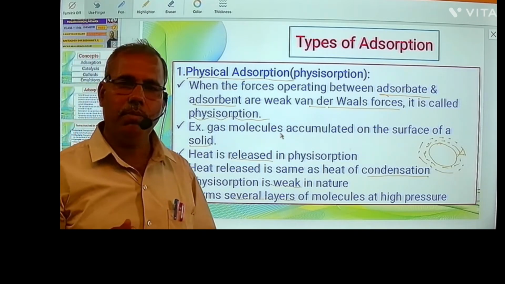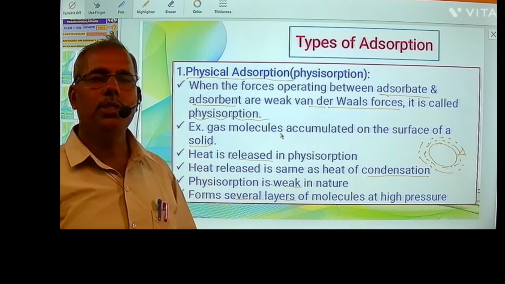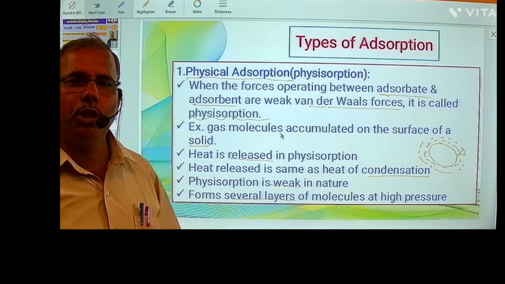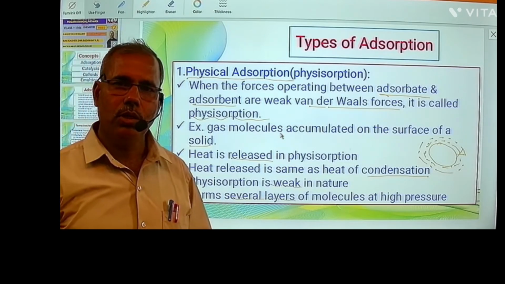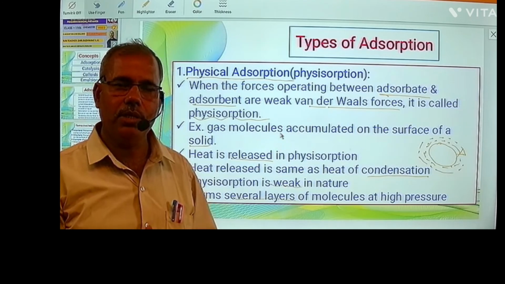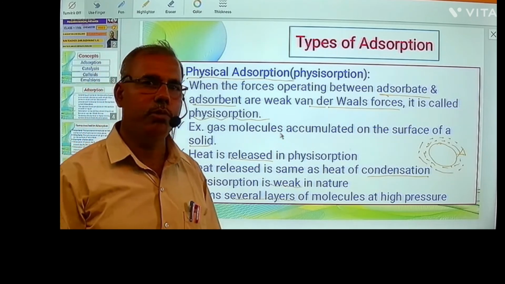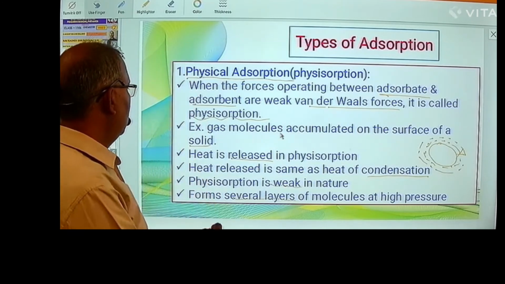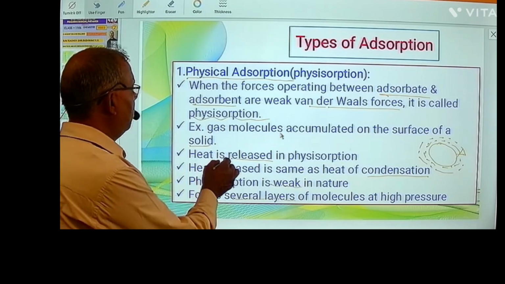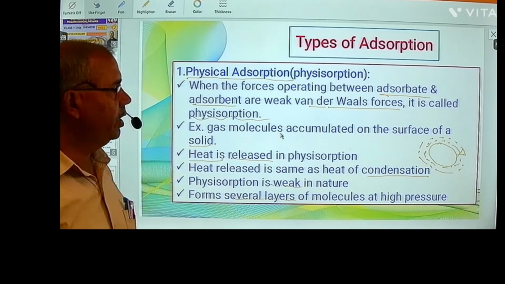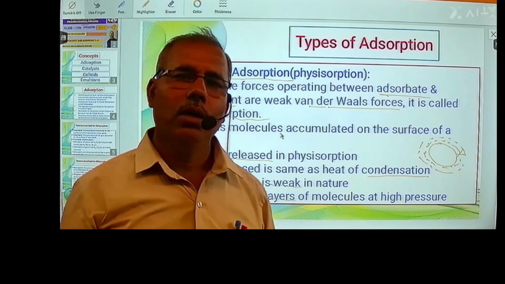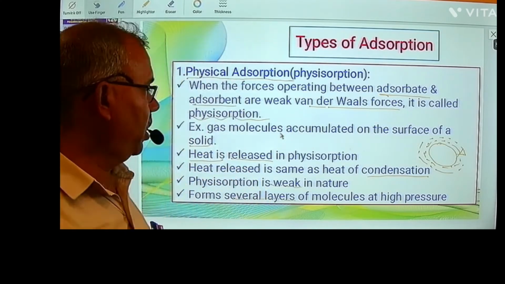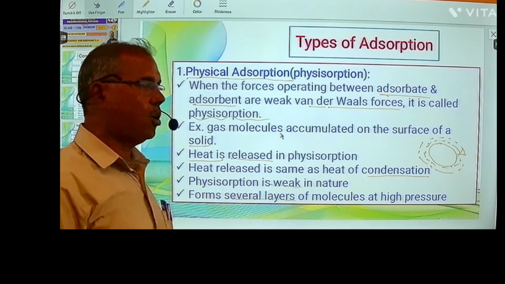This adsorption, friends, it is due to physical forces of attraction in between the molecules of the adsorbent on the surface and the molecules of the adsorbate. In this type of adsorption, the heat evolved is exothermic, that is the heat is released or given out.